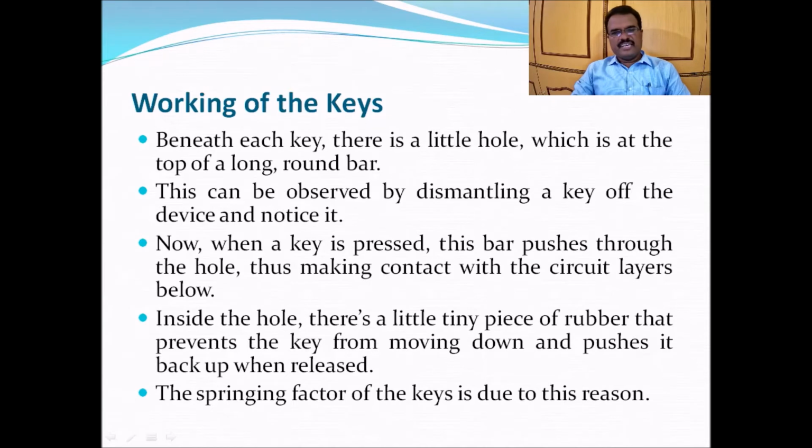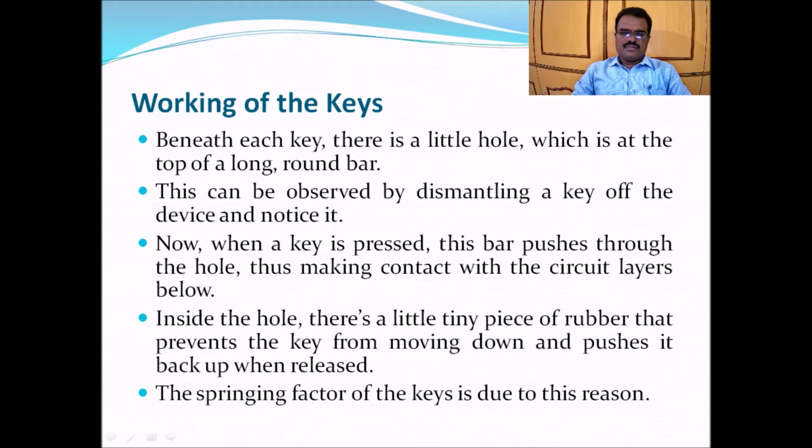Beneath each key there is a little hole which is at the top of a long round bar. This can be observed by dismantling a key of the device. When a key is pressed, this bar pushes through the wall, making contact with the circuit layers below.